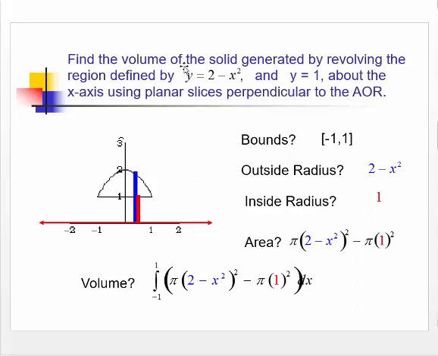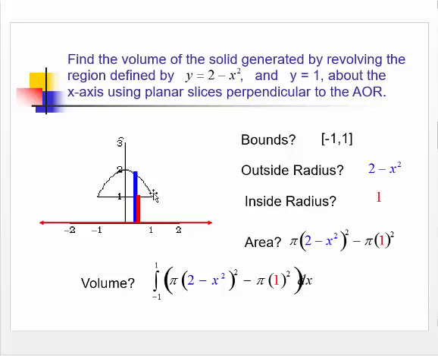So find the volume of that same problem, the solid generated by revolving that same region about the x-axis. So we saw from the last video that my bounds are not going to change. My outer radius here is the equation for the function, which is just 2 minus x squared. My inner radius here is just y is equal to 1. This is an incredibly easy inner radius.